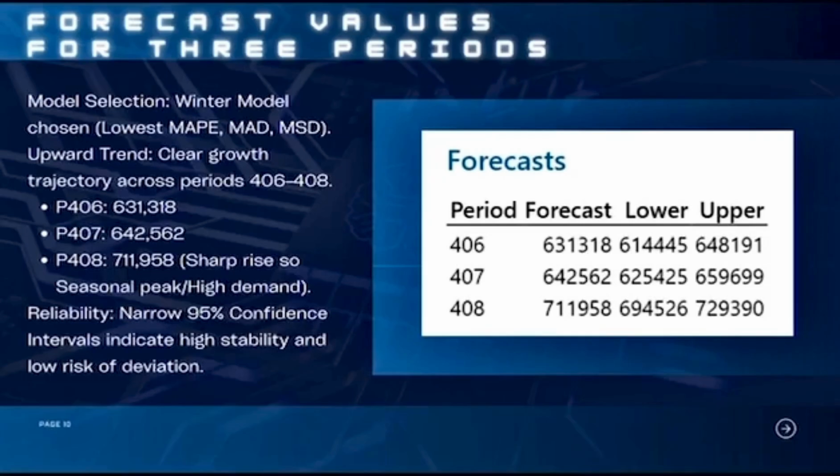The results show a continuous upward trend, especially for the period 408. The forecast jumped to over 700 million, which indicates a seasonal peak, and the narrow gap between the upper and the lower limits shown in the table tells us that this forecast is stable and reliable.